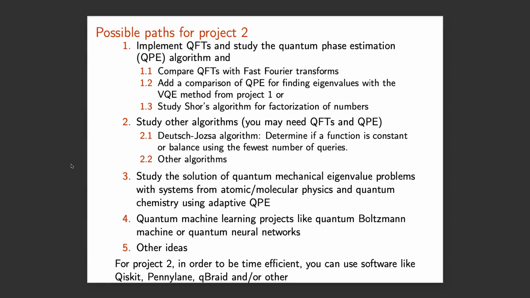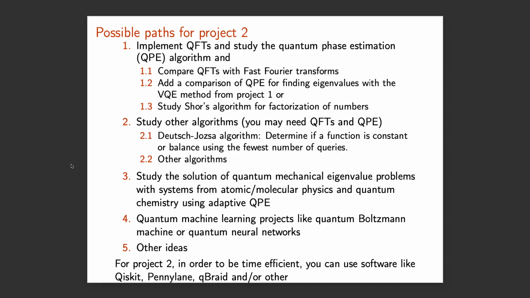Project number 2, as usual, is something which we want to be as flexible as possible. I know that there are groups of people who would like to implement QFTs and study the quantum phase estimation algorithm. This is something you can use for finding eigenvalues.